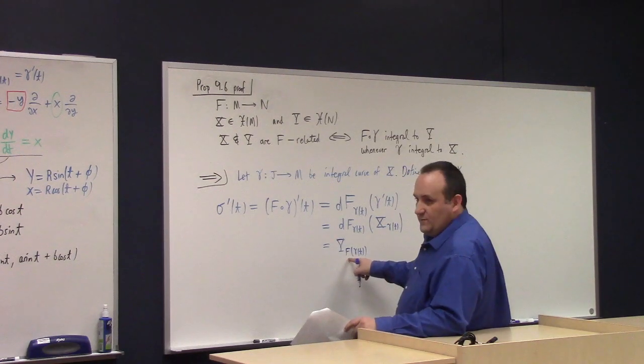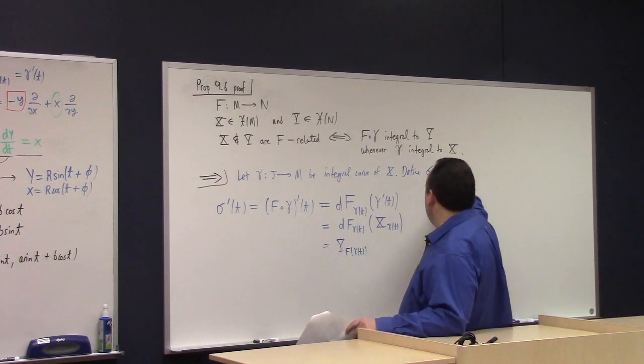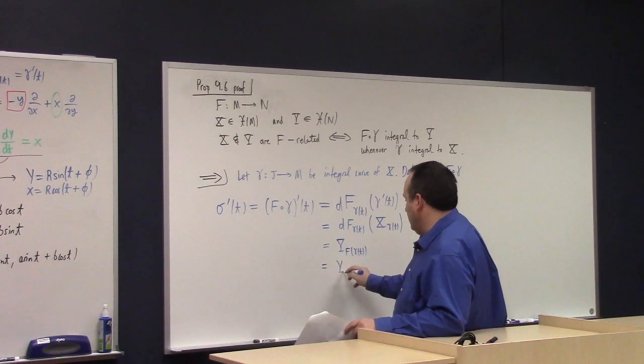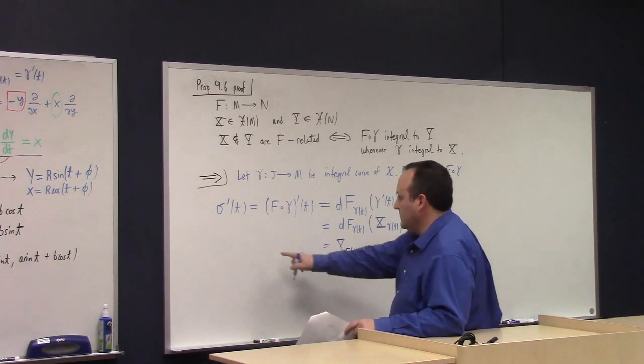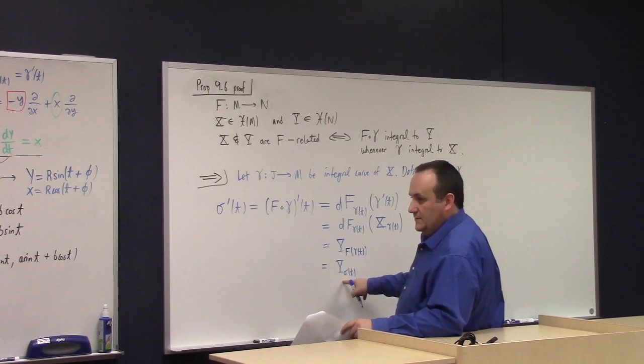And remember, sigma is f composed with gamma, so this is exactly Y of sigma of t. So that proves that the derivative of sigma, the velocity vector of sigma, matches Y at sigma of t.